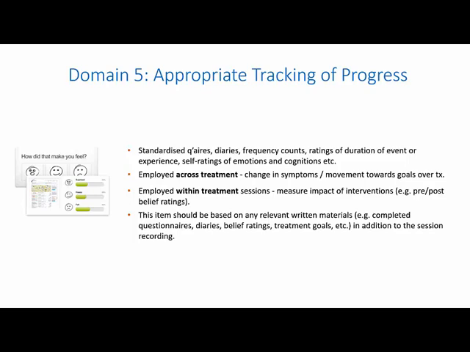What we're looking at here when assessing appropriate tracking of progress is what was done within the session, but also any relevant written materials like completed questionnaires, belief ratings and so on that were submitted with the session recording cover sheet.